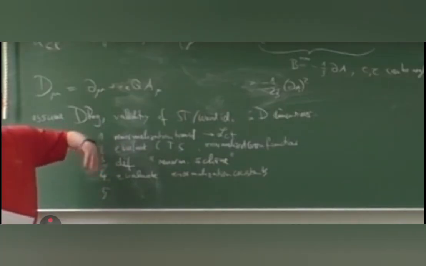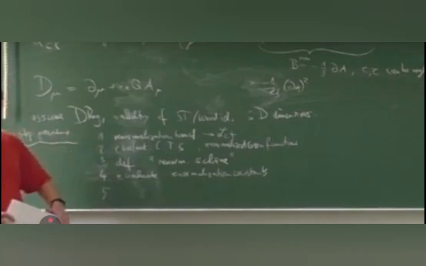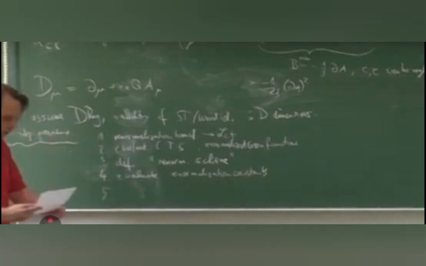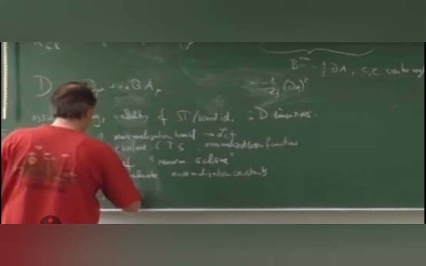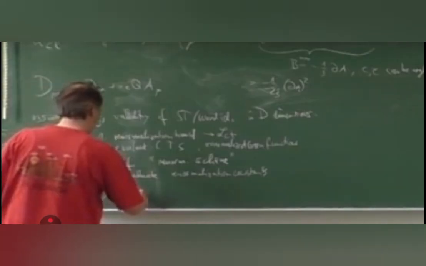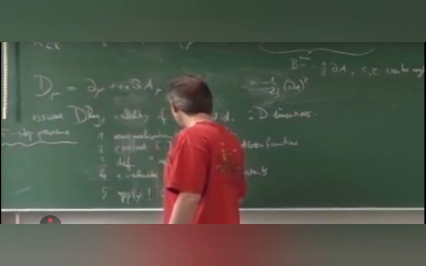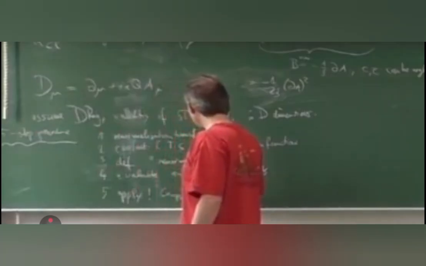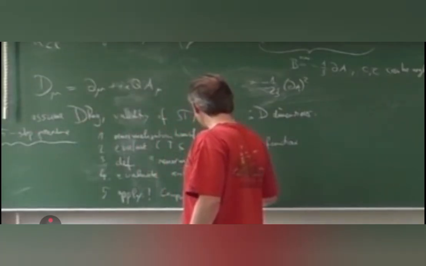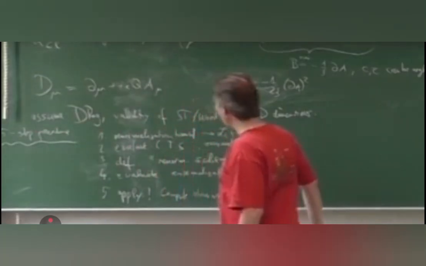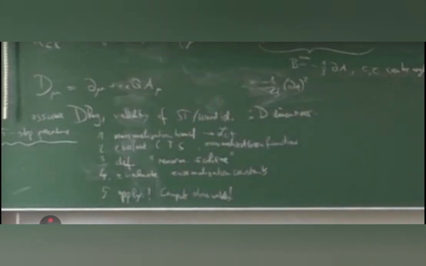So then the fifth step consists of all your favorite applications and computations of your model. Let's say then what remains is to compute observables. So, okay, this is the 5-step procedure, and here obviously we will deal with the first 4 steps, and the application is then left to the reader. But so let us begin.